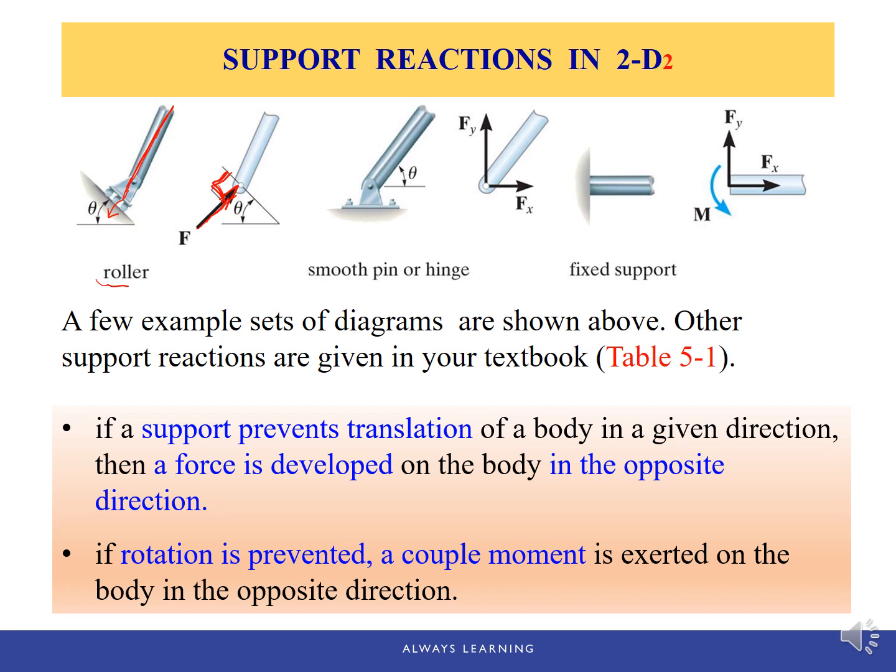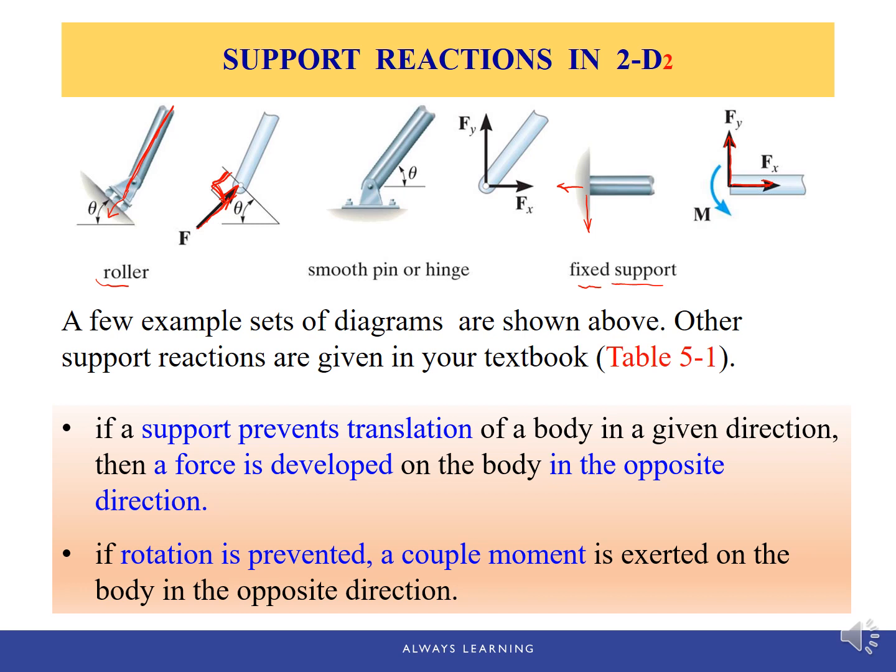Same idea for the fixed support we just did. Because the wall prevents the beam from going into the wall, it will provide an opposite force to push it out. And it also prevents the beam from going down, so it will provide an upward force to push it up.